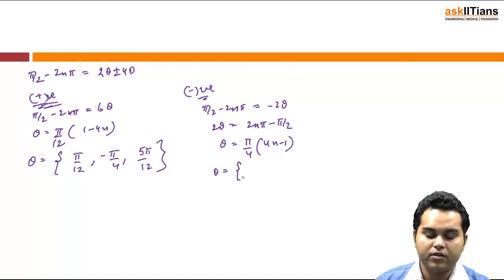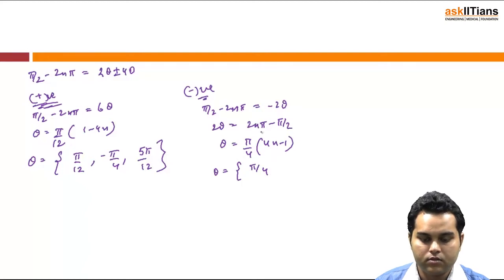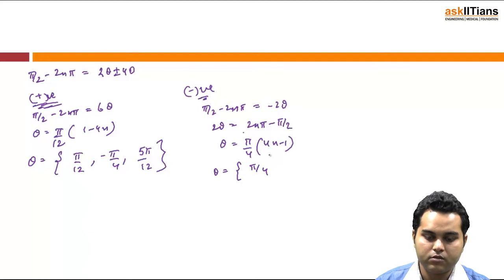So theta would be, for n equal to 0, pi by 4, with pi by 2 taken common from this, which gives me 4n minus 1. So that gives me pi by 4.